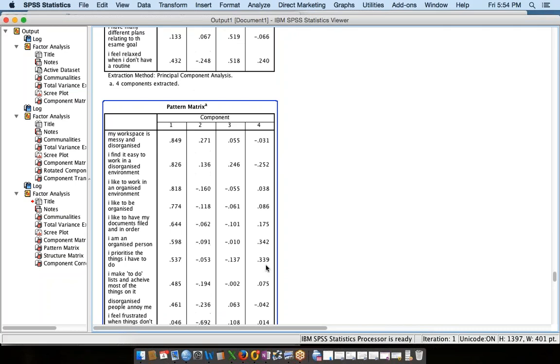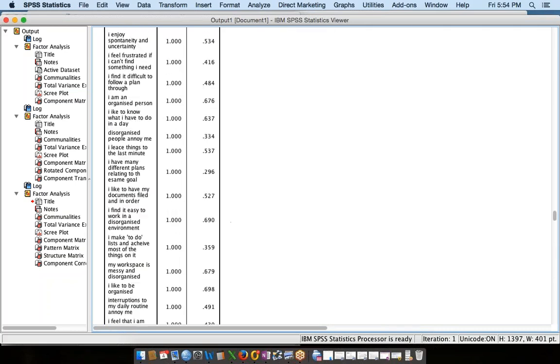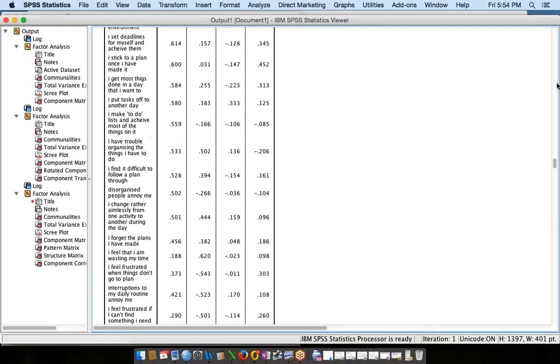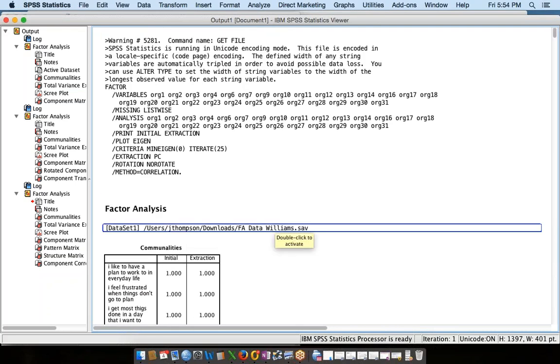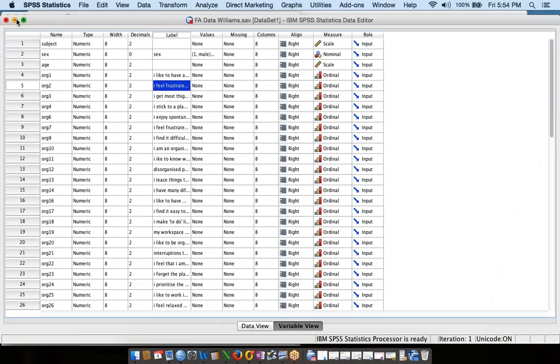This doesn't seem to be too different, so I'd probably go with the Varimax structure. Although I would question why this data set doesn't have the negative factor loadings that it should. It seems like some reverse scoring was not done on the items. And I would note that in your output.